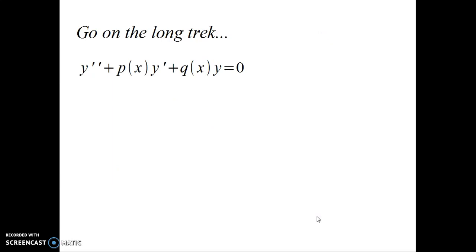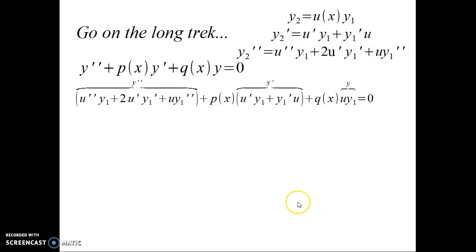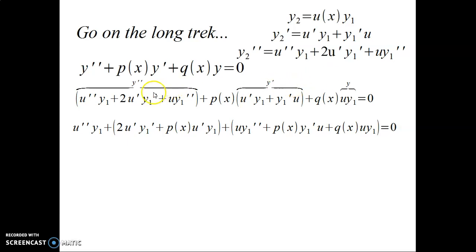So we have to actually do that. We take the original form, we take that substitution, and we stick all that stuff in. And it's not pretty on the first line. I've made the substitution for y double prime there, the substitution for y prime there, the substitution for y. All I did was copy over these things, right? And then I reorganize these. I just shuffle around. This is 9th grade algebra at most.